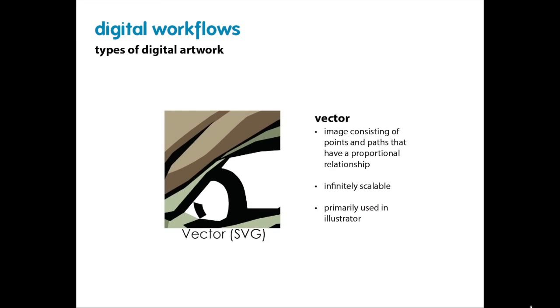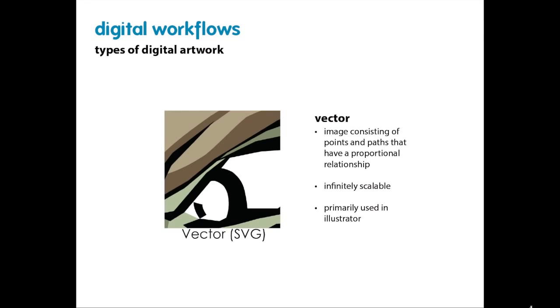Here we have an example of a vector, and you can see it's all smooth edges with fills. There are no jagged edges or sawtooth look at any of the divisions between colors. That's because vectors consist of points and paths that have a proportional relationship.